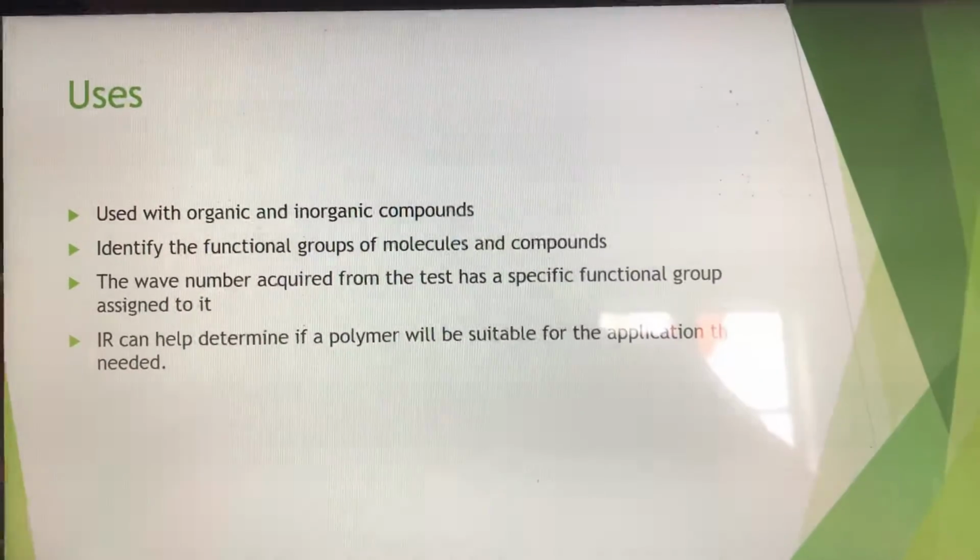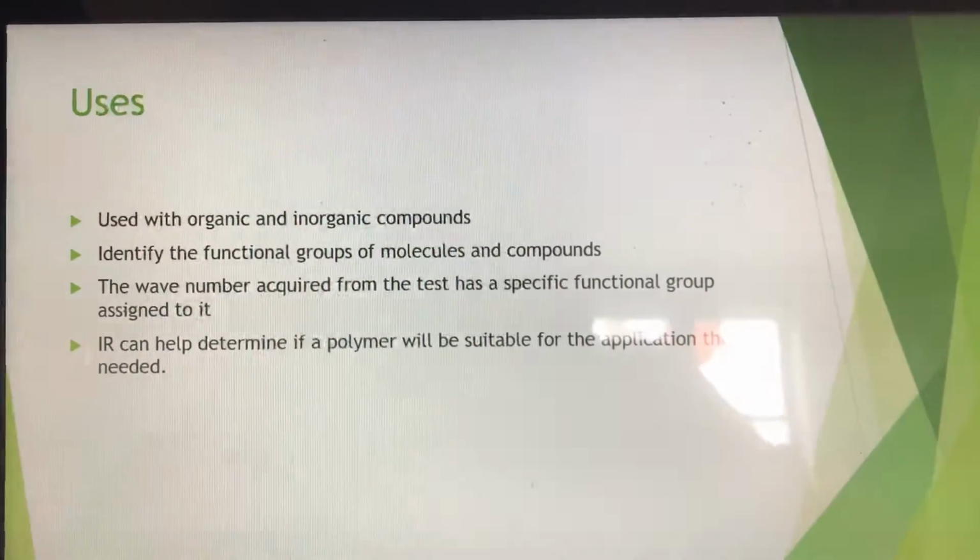You can use these in organic or inorganic compounds.